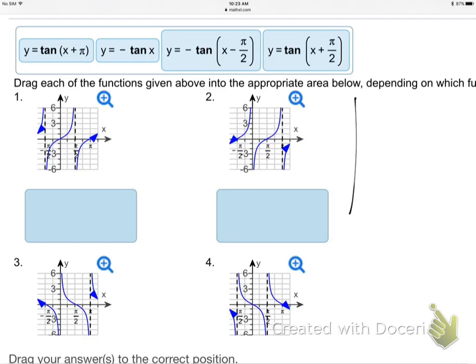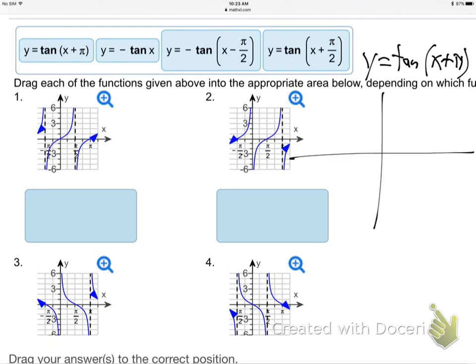We know that our graph goes, I need a little more room. Our first graph that we're trying to do here, y equals tangent of x plus pi, is going from negative 3 pi over 2 to negative pi over 2, isn't it?